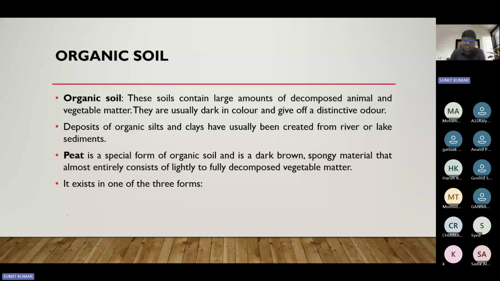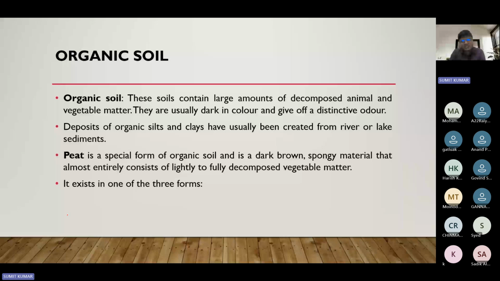Obviously, if any material is decomposed by organic processes, it gives a very bad odor, and deposits of organic silt and clay have usually been created from river or lake sediment. Peat is a special form of organic soil, a dark brown, spongy material that almost entirely consists of lightly or fully decomposed vegetable matter.